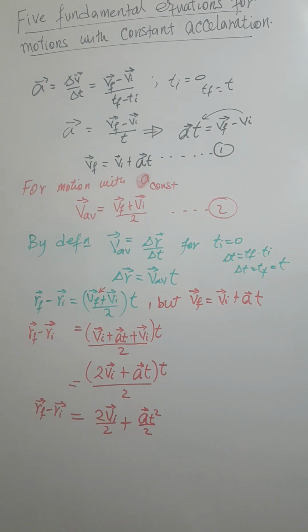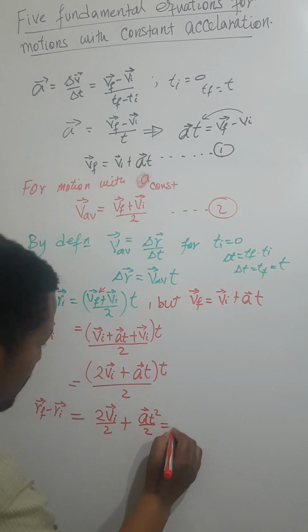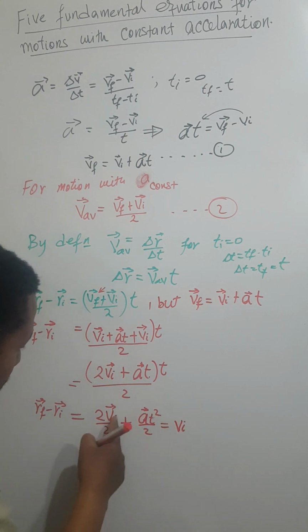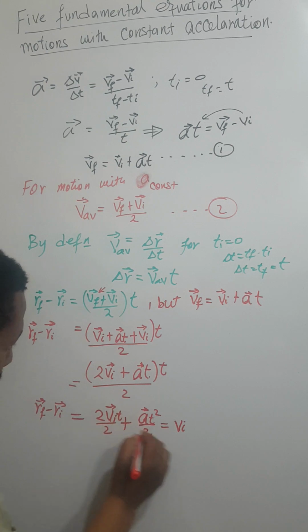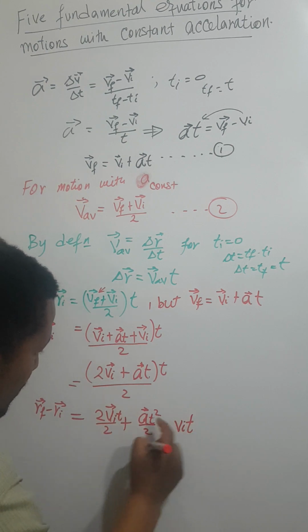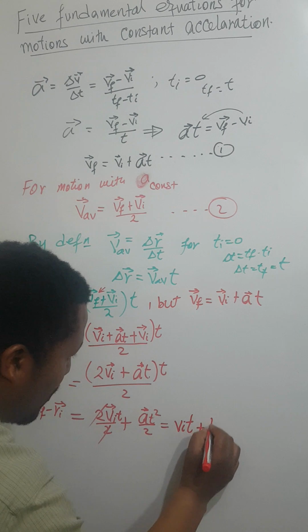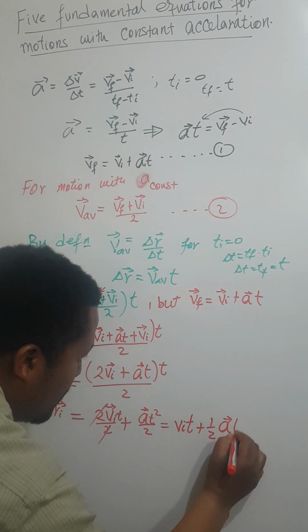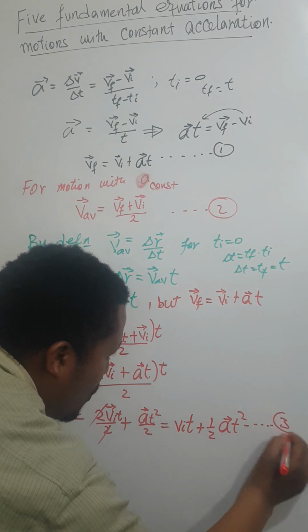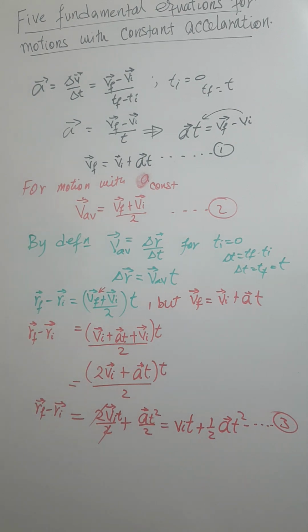Now this is equal to Vi T, so the 2 cancels, plus 1 over 2 A T squared. Change in displacement is equal to V initial multiplied by T plus half A T squared, which is the third fundamental equation.